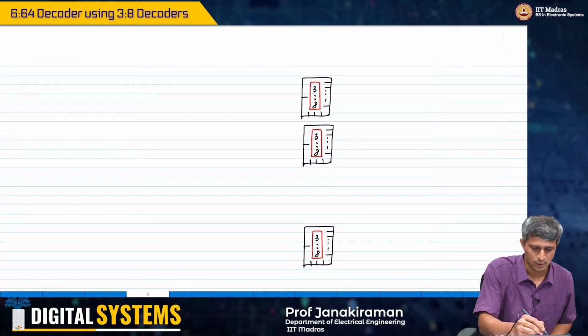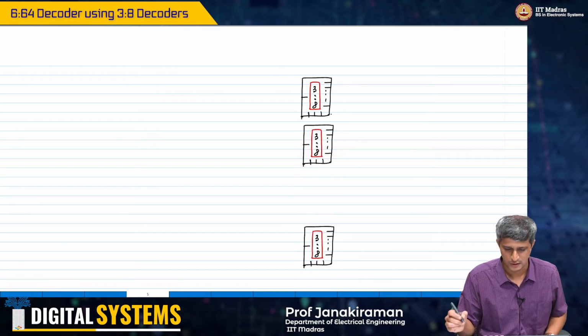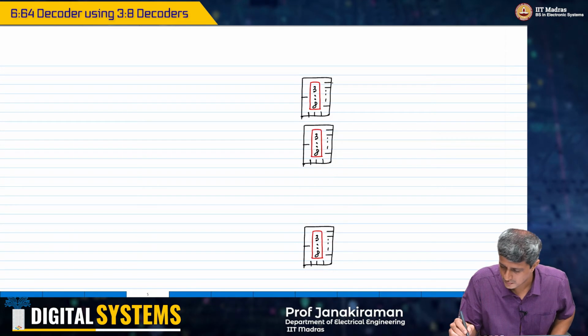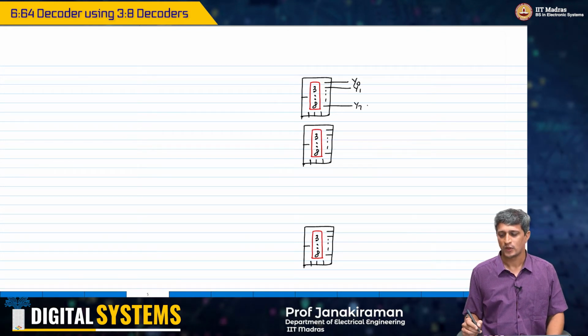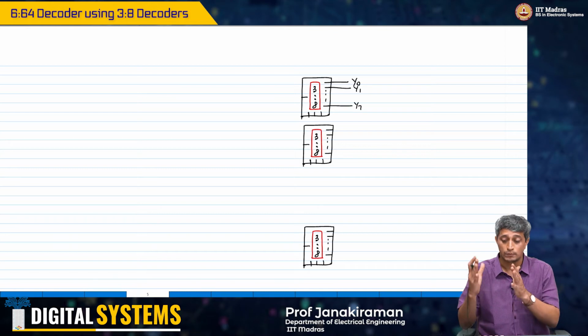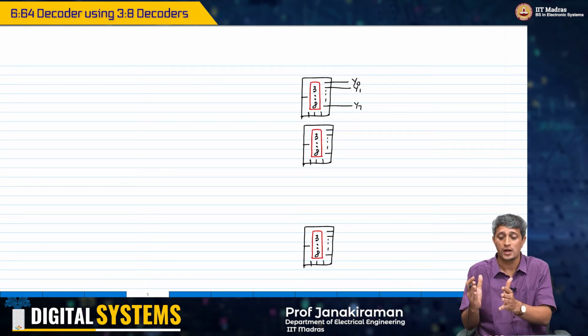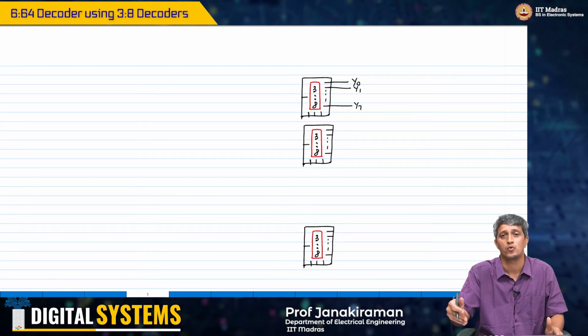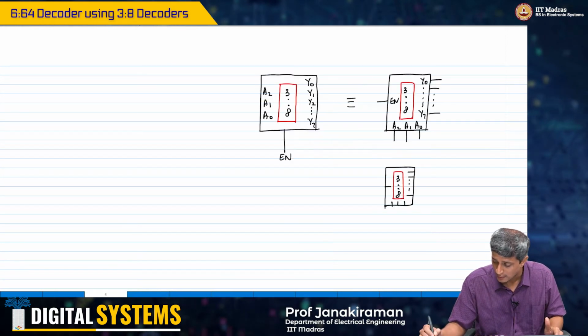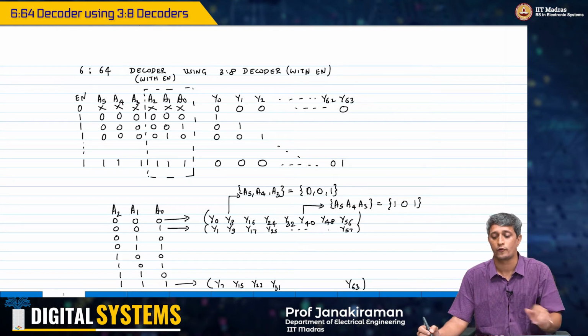Okay. So what I'm going to do now is, this is my Y0, Y1, Y7. Okay, this is my decoder. The pins that you see, Y0 to Y7, are that of my 6:64 decoder here.